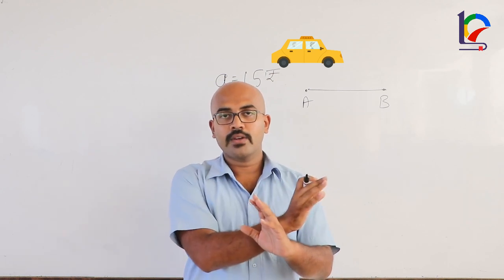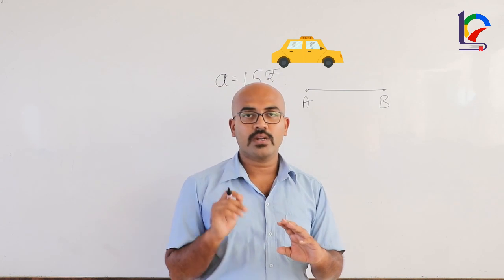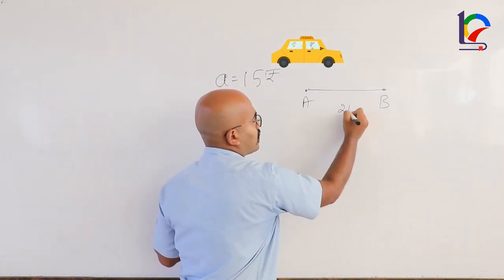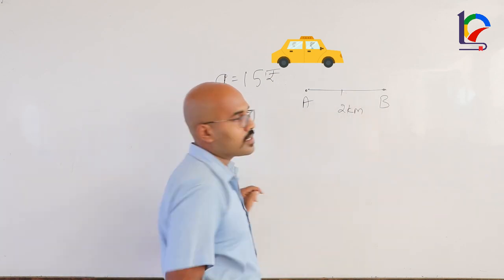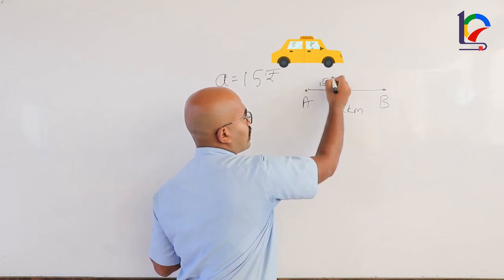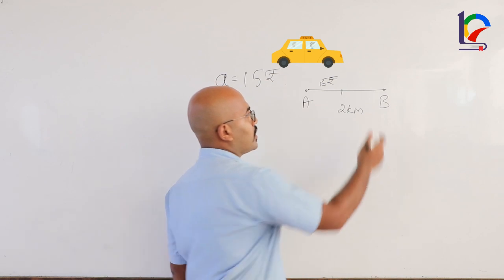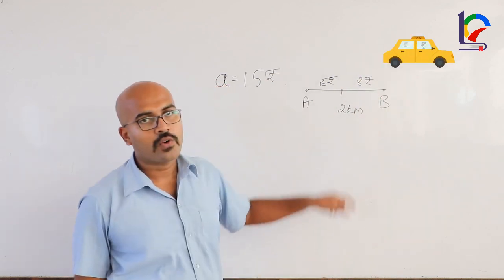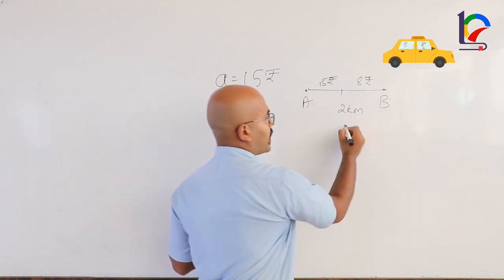After that you will pay extra 8 rupees. So if you want to travel from A to B, totally you will be paying 23 rupees.